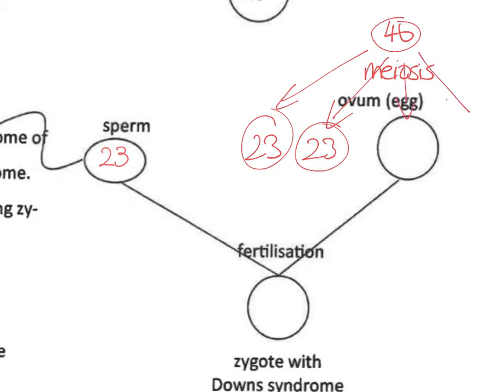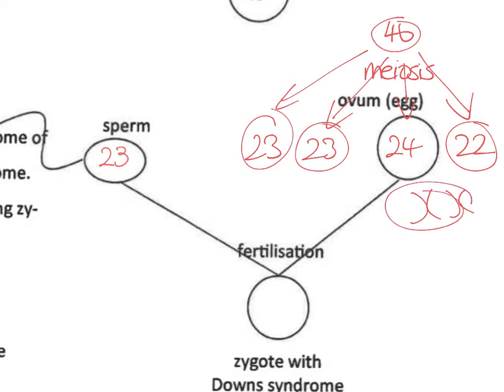But over here, they think 24 and 22. One of the pairs of chromosomes didn't separate properly, and they both went to the one side rather than one going to one and one going to the other. So we've got an extra chromosome. Now, if that sperm fertilizes this egg cell with the 24, you're going to get 47 chromosomes.